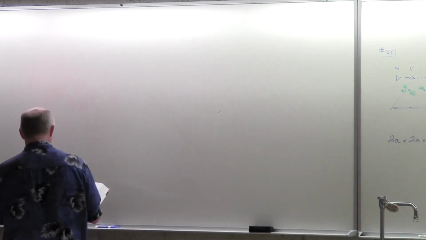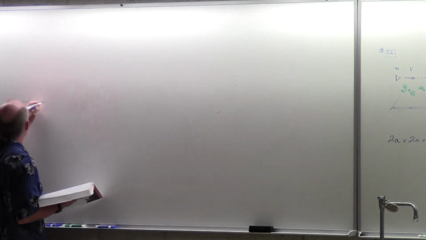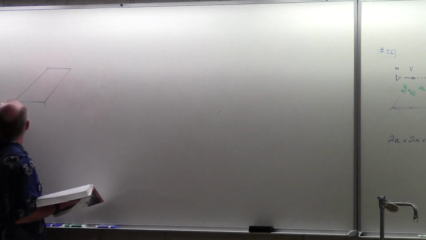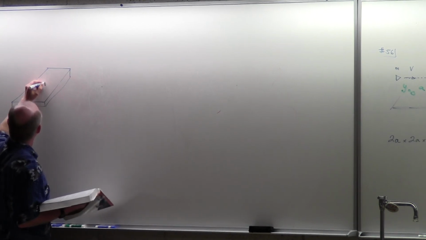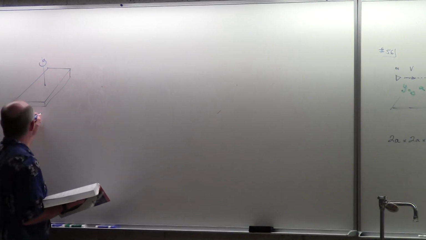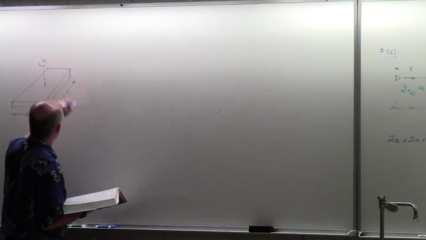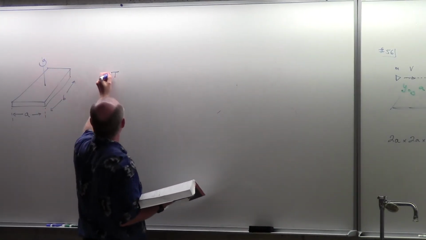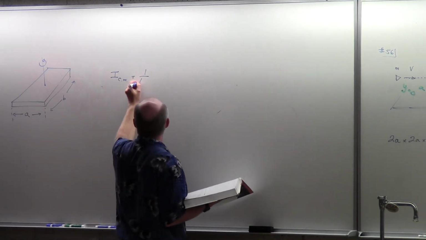He says this: if you take a rectangular plate and you rotate it around its center, and the plate has dimensions A, B, he says that the rotational inertia around its center of mass is 1/12.